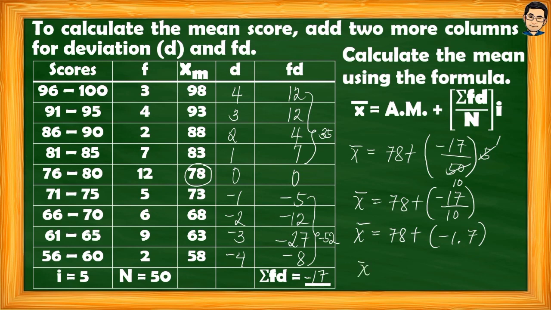So our mean is 76.3. As you can see, whichever method we use, it will provide the same answer. In the direct method, our first method, our answer is 76.3. Using the assumed mean method, we also got 76.3.